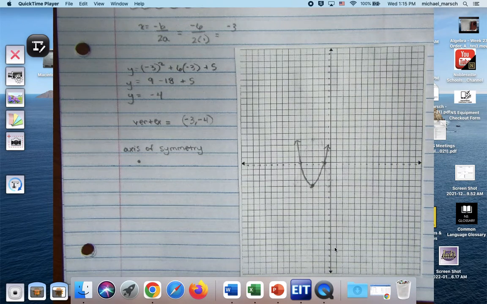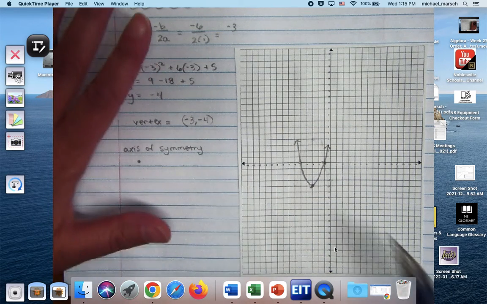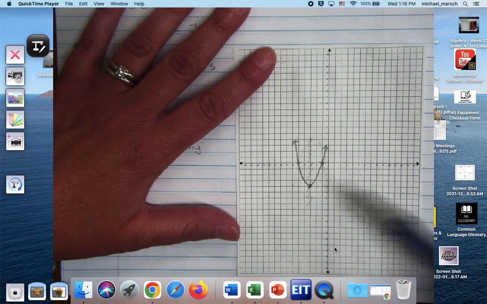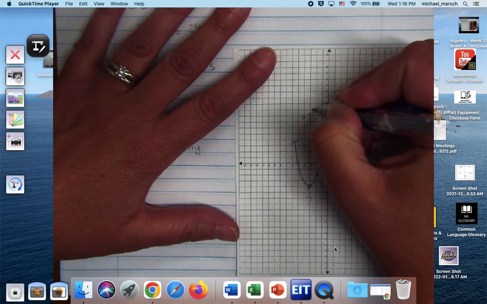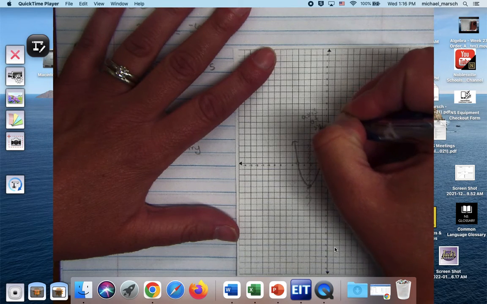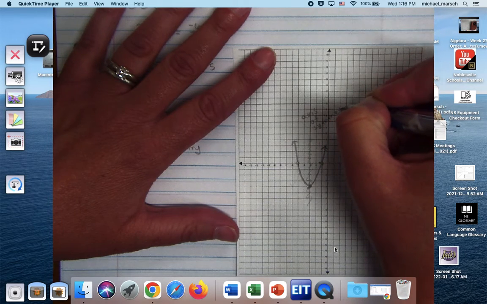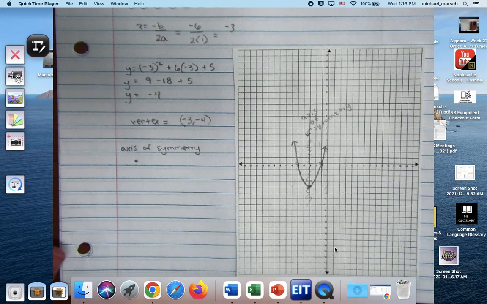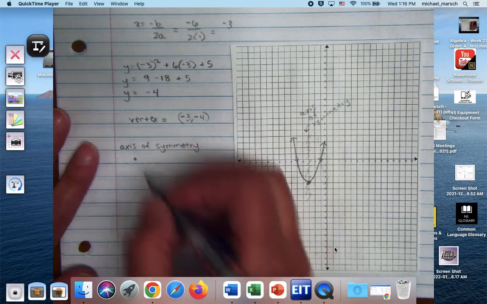So what do you think it would be for this? It would be the vertex. What part of the vertex? Maybe the x value, right? Because if I was to draw an axis of symmetry, it would be right here, right? Okay. So then my axis of symmetry is going to be x equals negative 3.